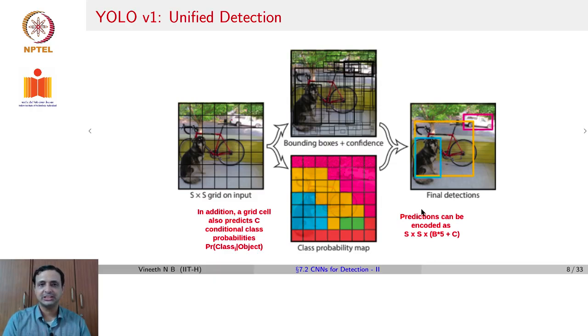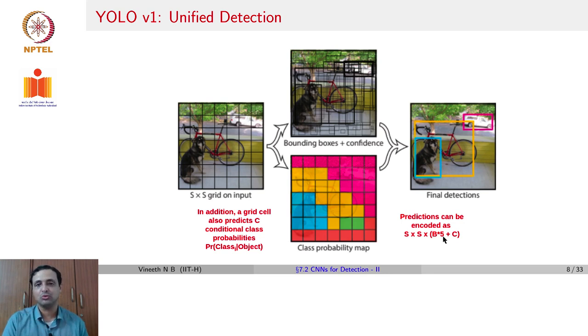The final predictions can be encoded as follows: you have an S cross S grid. Then in each grid location, you predict B bounding boxes. For each of those B bounding boxes, you have 5 values. What are those 5 values? 4 coordinates, that could be the center of the object and the width and the height, and a confidence for each bounding box.